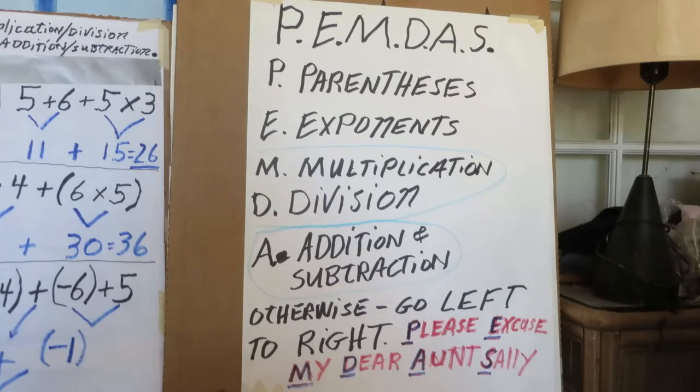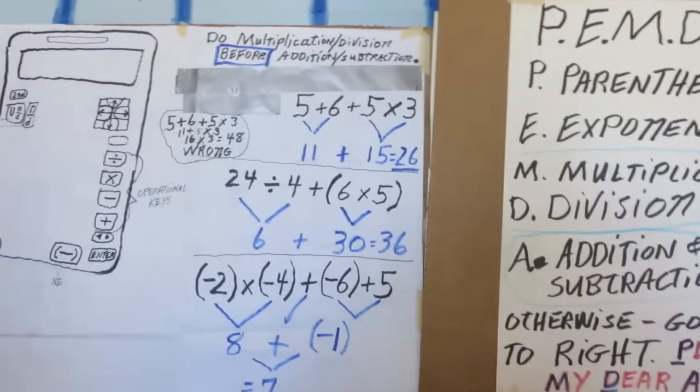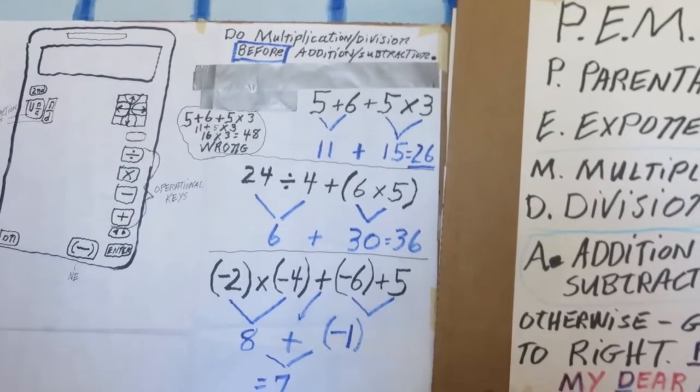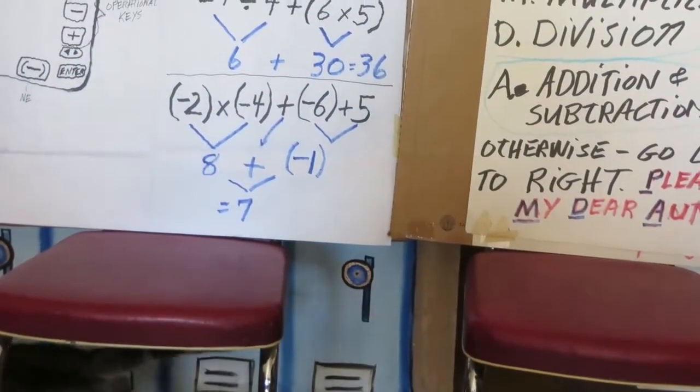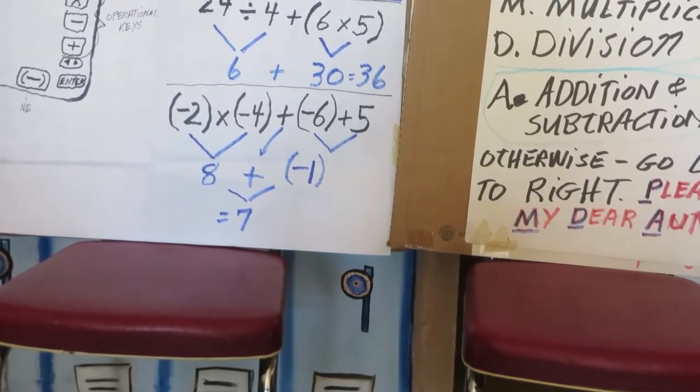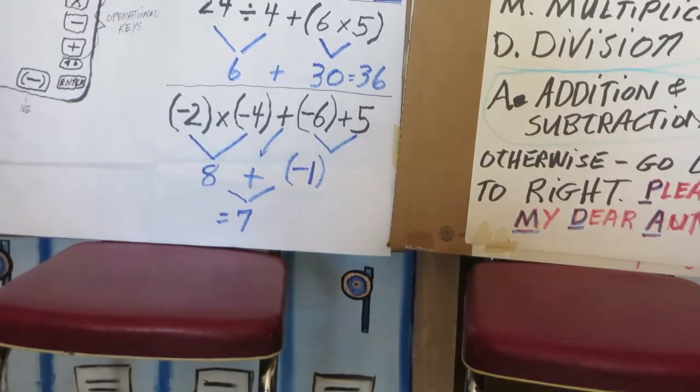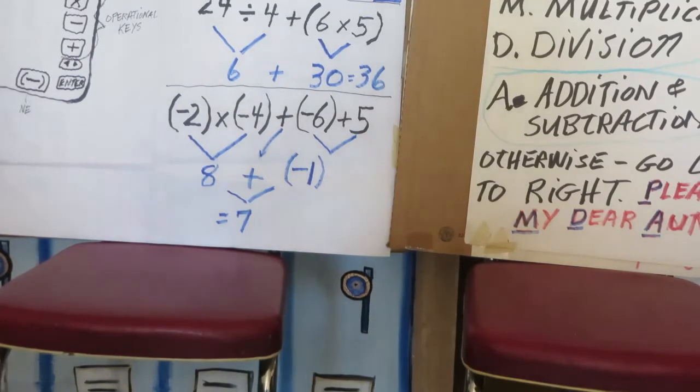Okay, let's do another example. The bottom problem on this page is -2 times -4 plus -6 plus 5.